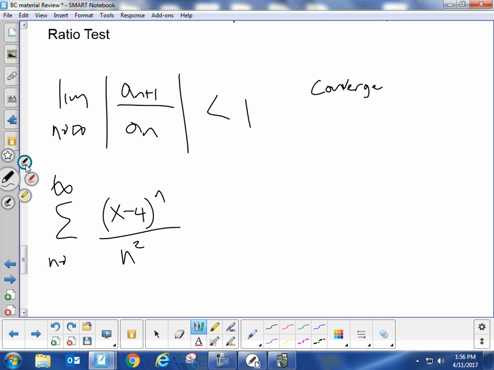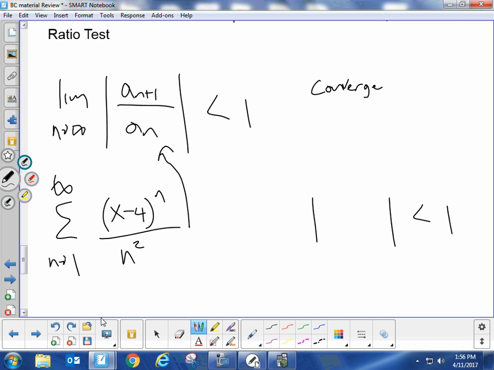For what values of x does this converge? Well, you'd use the ratio test: you'd plug in n plus 1 and n, divide the two, and then set up an absolute value of something being less than 1, and you can find the values that x has to be between.